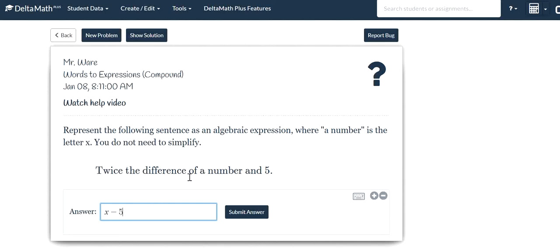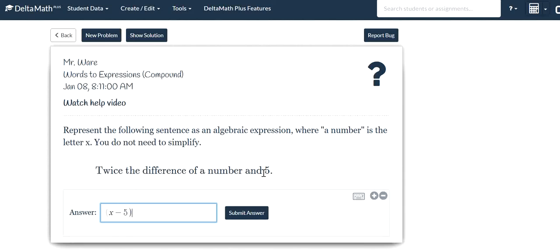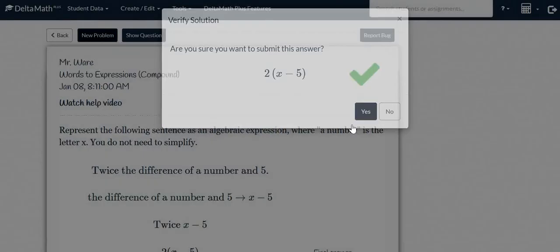That's the difference of a number and 5. But we want to do it times 2. So we got to do the whole thing times 2. So you put the whole thing in parentheses and then add a 2 to the outside. So it's 2 times the difference of a number and 5. Okay?